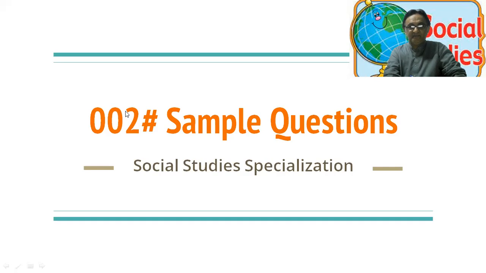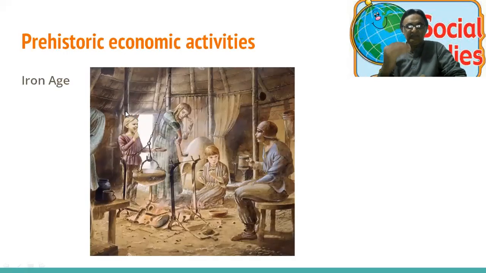First, I'm giving you some pictures, because the first two questions in the sample test are about interpreting images. As for prehistoric times, if you know the ages, Paleolithic, Mesolithic, Neolithic, these are the phases of the Stone Age in which certain developments and changes took place.